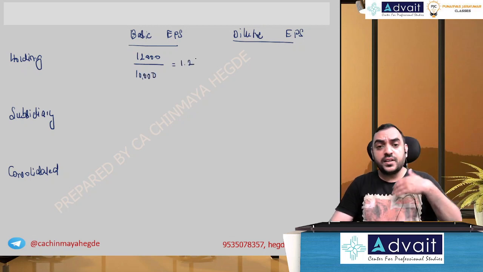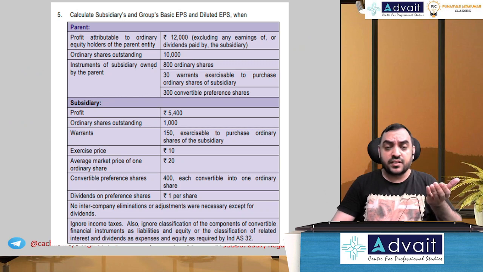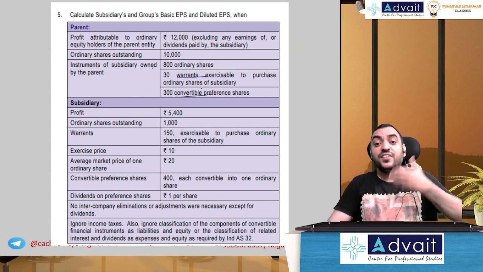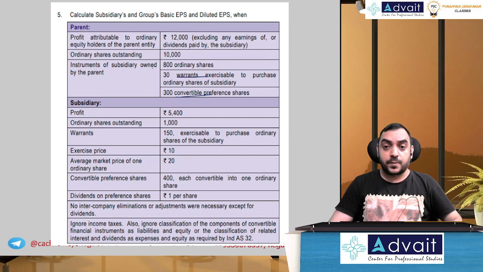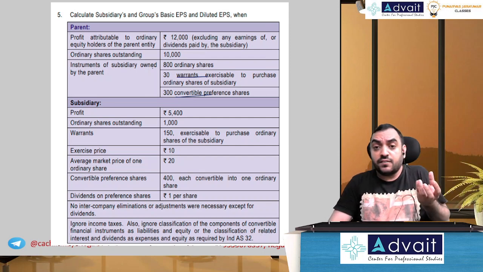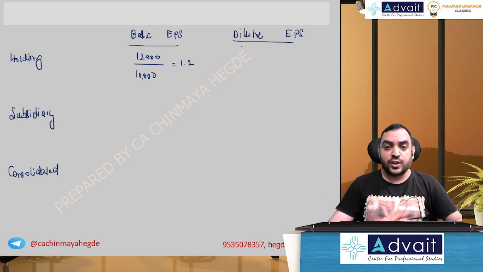And holding company doesn't have any convertible preference share, right? Yes, there are warrants and preference shares, but those are investments. They are investing; they can convert the shares belonging to the subsidiary company. So holding company doesn't have any convertible preference share or any options, so they don't have any different diluted EPS. The same, only 12,000 by 10,000, 1.2.